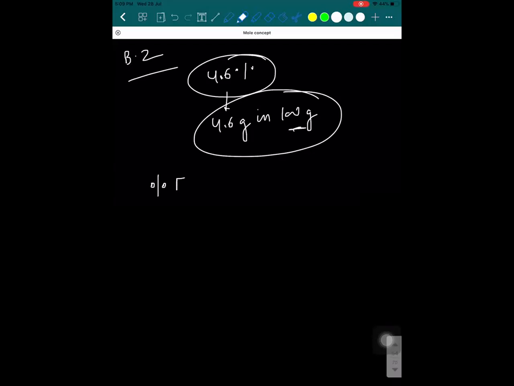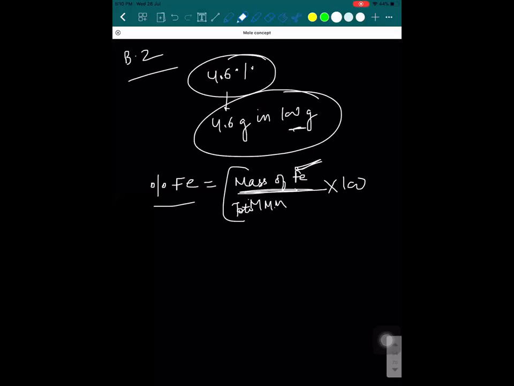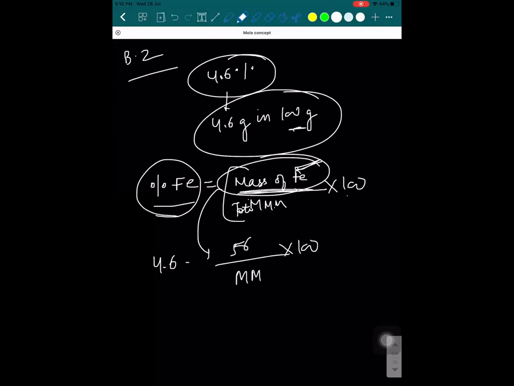Can I say percentage of iron is equal to mass of iron divided by molecular mass into 100? If I want to calculate the percentage of something, I will do this: the weight of that one divided by total weight into 100. The weight of iron is 56, and total is how much? You have to calculate into 100, and percentage of iron is 4.6. Calculate it from here, you will get the answer. Simple percentage formula.